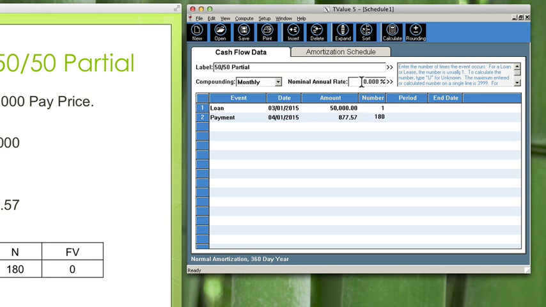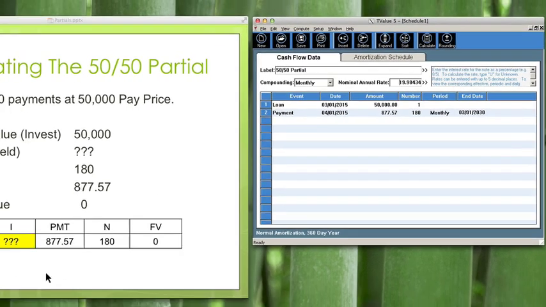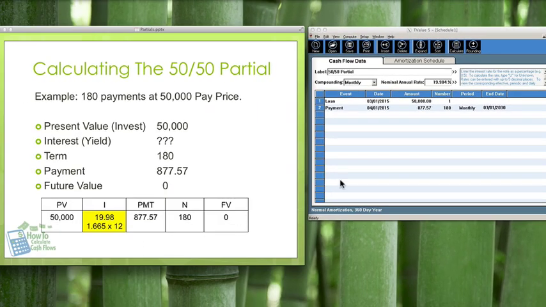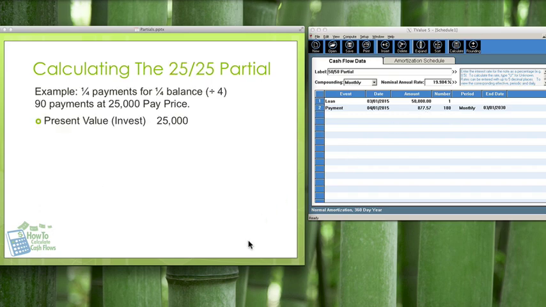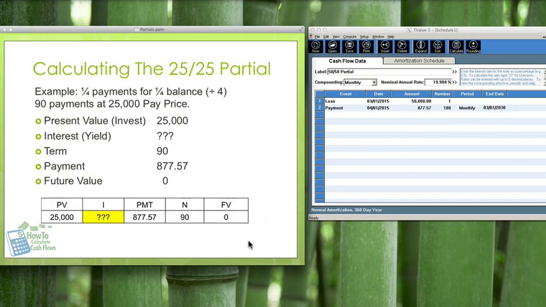Now we pop up here to nominal annual rate. We put in a U for unknown, and we press calculate to solve for that. So we get that same 19.98. So that is the return if you invest $50,000 for 180 payments of $877.57. So now let's go to the next example, which was the $25,000.